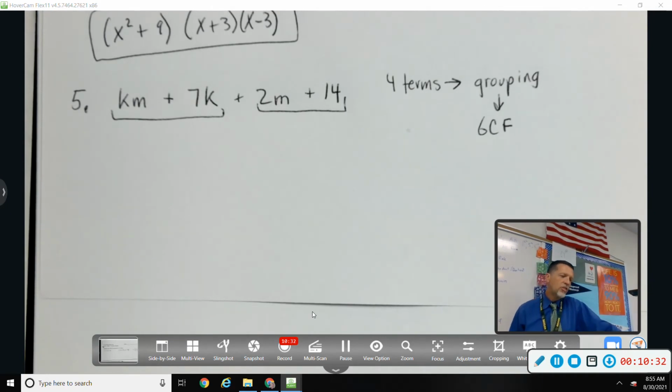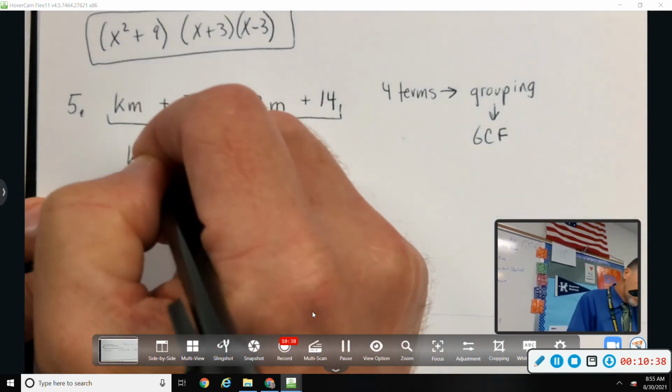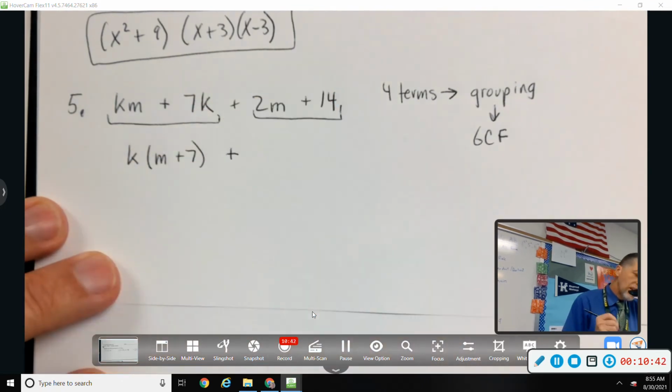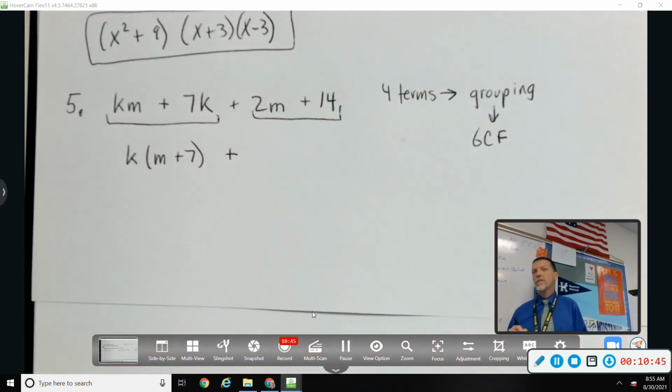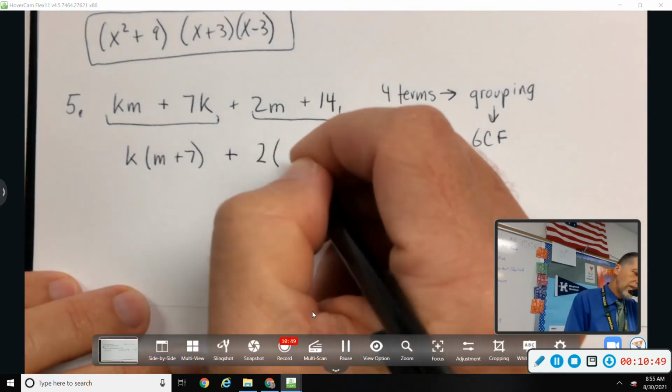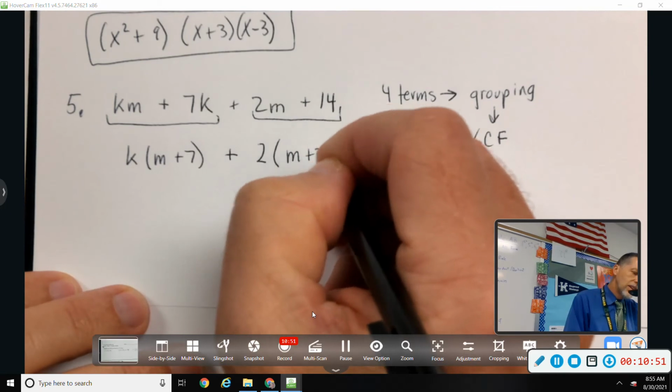What's the GCF of km and 7k? Probably k. I can factor out a k, and that leaves m plus 7. The other one I can factor out a 2, and that leaves m plus 7.